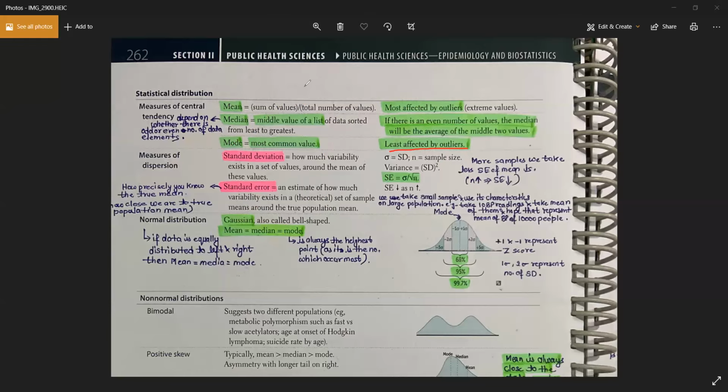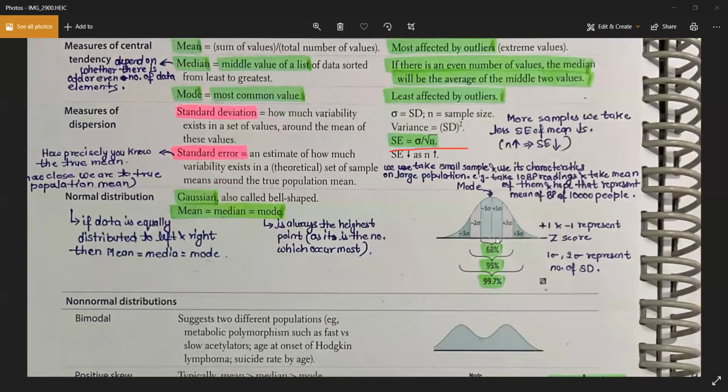Then comes the measurement of dispersion. One is the standard deviation, and the second is the standard error. For the standard deviation, let us suppose there is data. Let me create data for you. This is a graph, and you get a certain level of an enzyme, let's say, for myocardial infarction, and the highest value corresponds to 100.